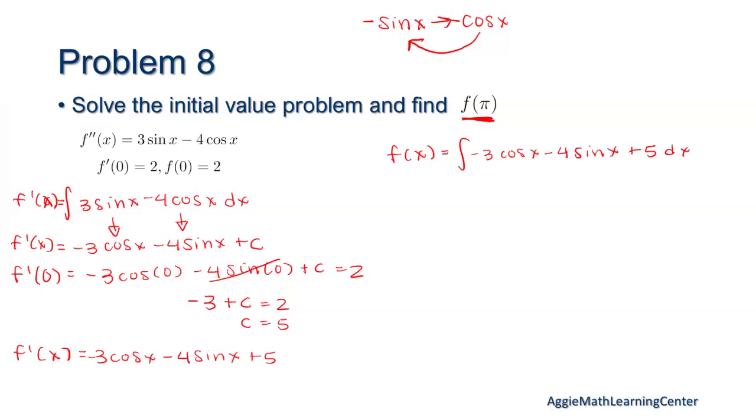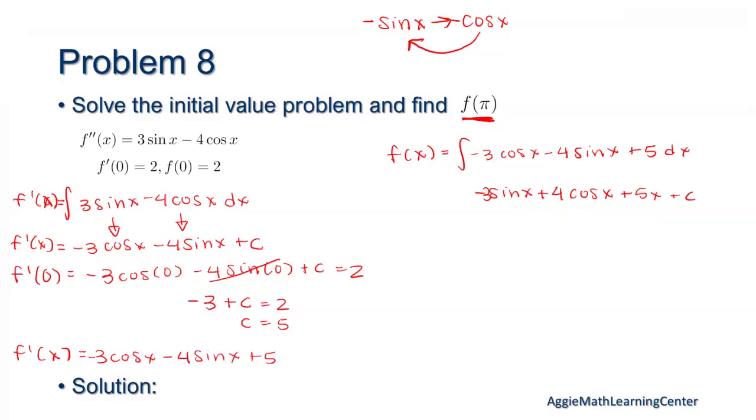Does everyone agree with me? Okay, negative sine of x. Oh, I have to keep my 3. And then the integral of negative sine is positive cosine. Perfect. And the integral of a constant, I'm just going to tack on an x, 5x. And then I've got that plus c.